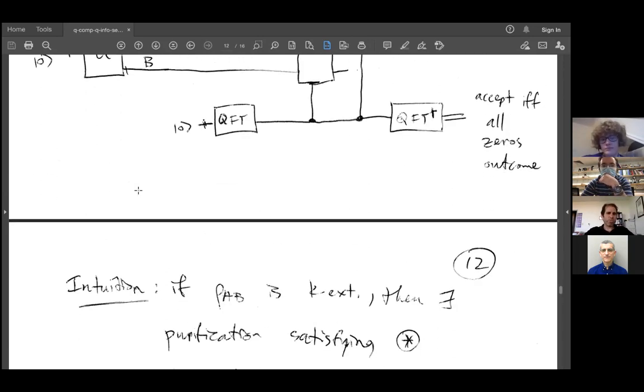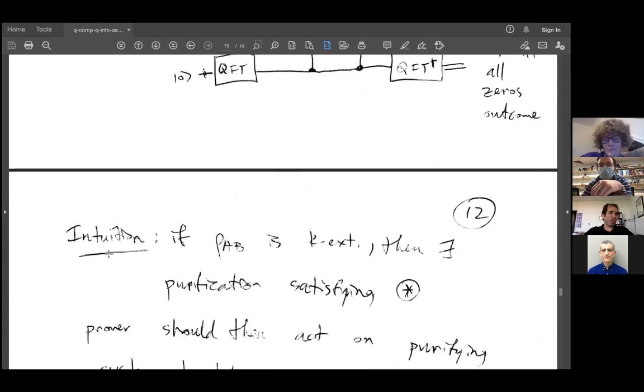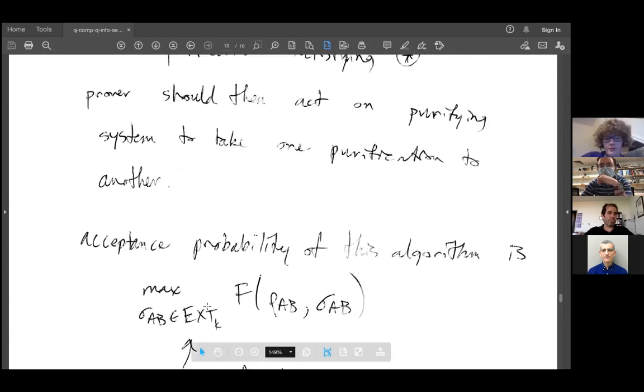What it computes is this maximum K extendable fidelity. If you make K larger and larger, then the set of K extendable states converges to the set of separable states. And then there are precise relations between how close the set of K extendable states is to the set of separable states.